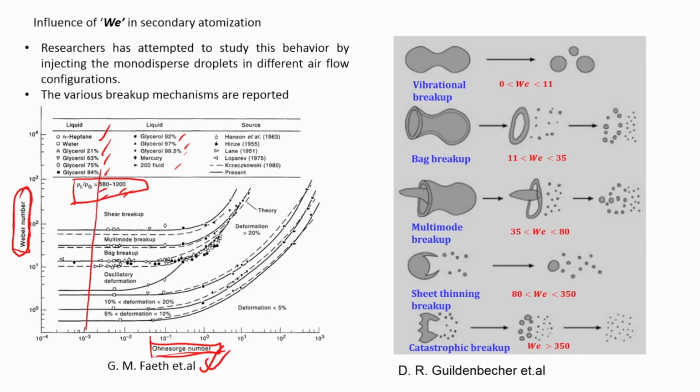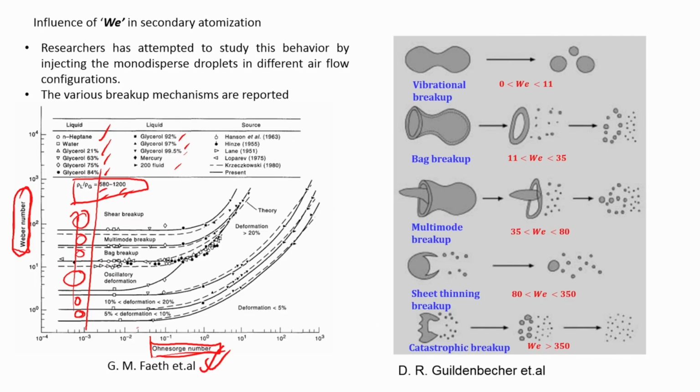You go from this domain where the droplet deformation is very small, and it progressively goes higher because the Weber number is increasing. Then there is oscillatory deformation, where the droplet starts to oscillate and show shape deformations. Then we see some varieties of breakup like bag, multimode and shear. So, this is across this line.